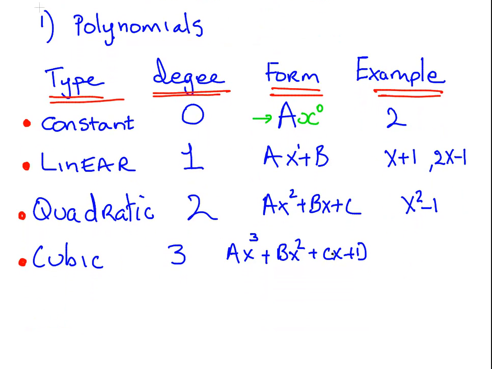And let's write something long here, just something mad: 3x cubed plus 17x squared plus 6x plus 3. That's a d there, by the way, sorry. So a, b, c, and d are just coefficients. And that's an example of a polynomial of degree 3.